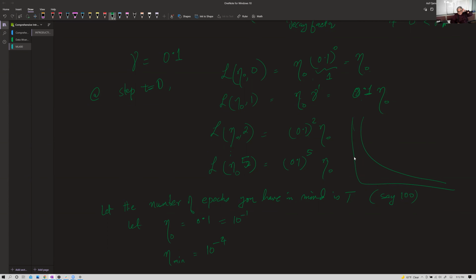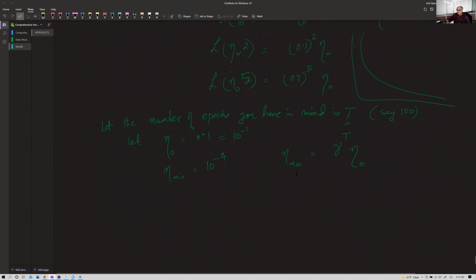So now the question is, you decide to take T steps. According to this formula, your eta min is equal to gamma, whatever the gamma learning rate is, to the power T, T being, let's say, 100, times eta naught. So you have a min and max in mind, starting learning rate and final learning rate, and the number of epochs. So you realize that from this relationship, you can calculate gamma, isn't it?